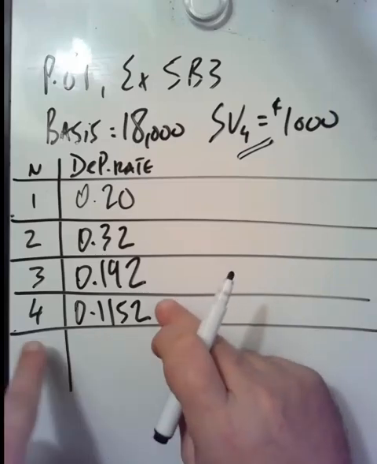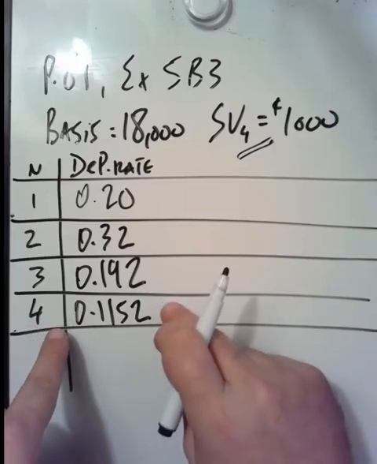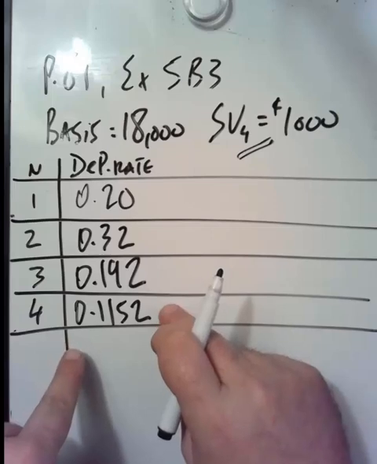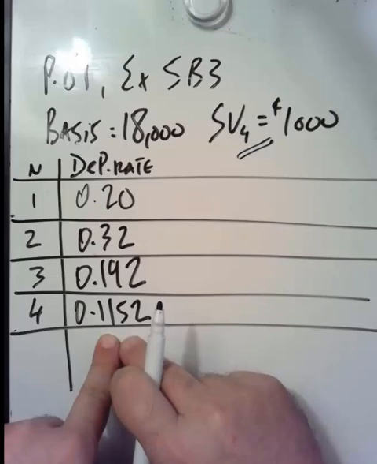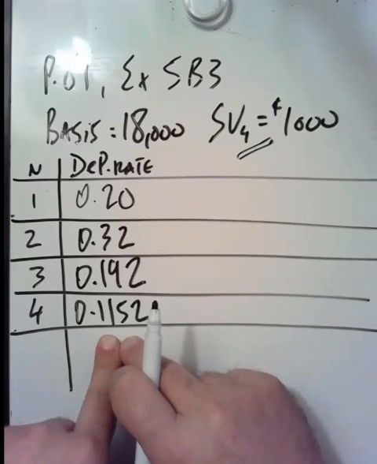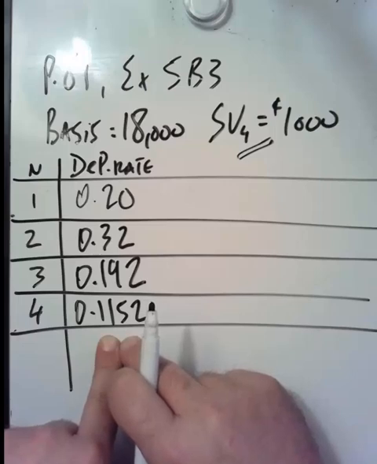Why? Because we're selling it in this year. So as the personal property follows the mid-year assumption, we can only record half of this amount, regardless if we are selling it in January 1st or December 31st. Remember, for personal property, it does not matter the day, it does not matter the month. The only thing that matters is the year.